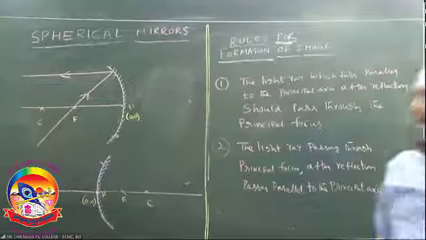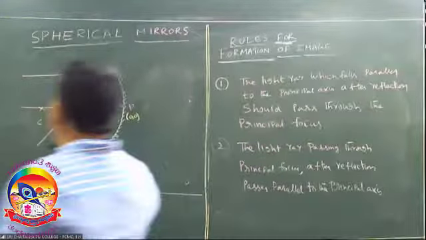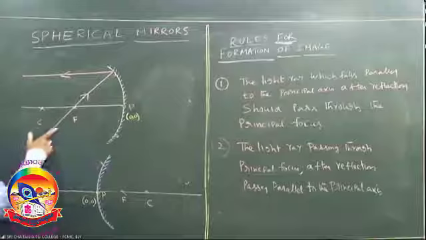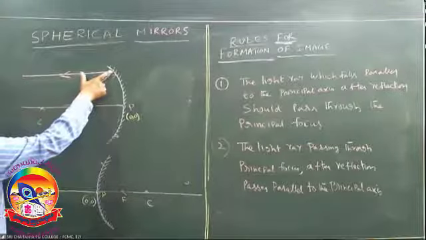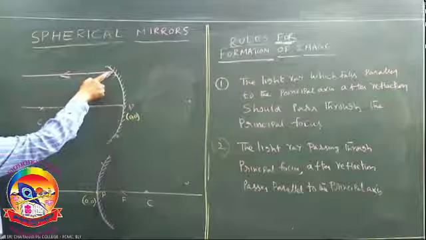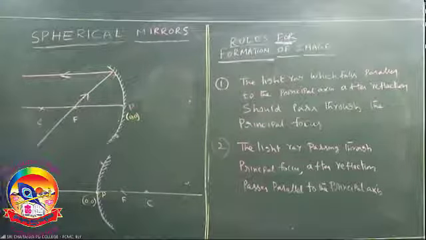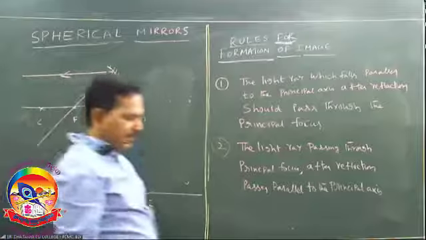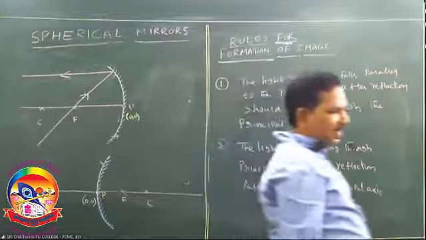If we see properly, the light ray falling onto the concave mirror, passing through the principal axis, after reflection, passes parallel to the principal axis.